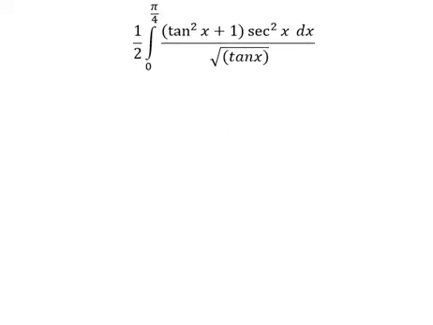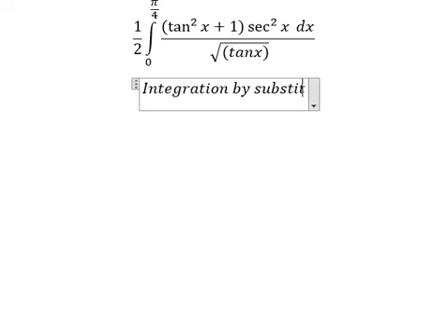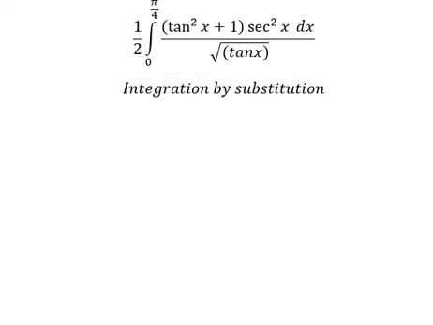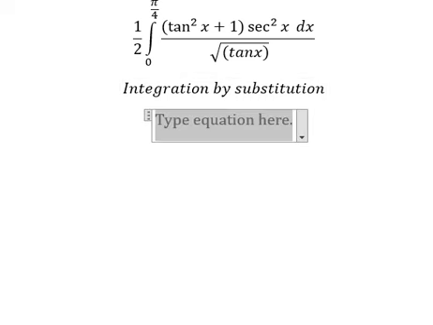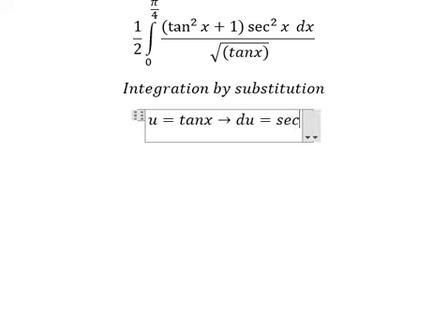So we can use about integration by substitution. So I will put about u equals to tan x. Later that we need to do first the derivative for both sides, and we got like this.